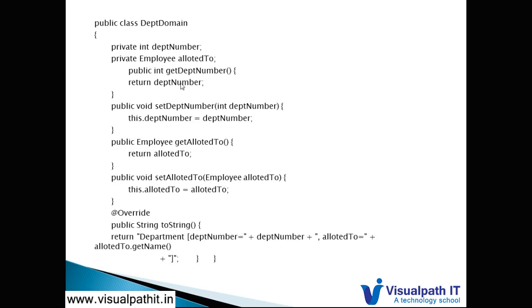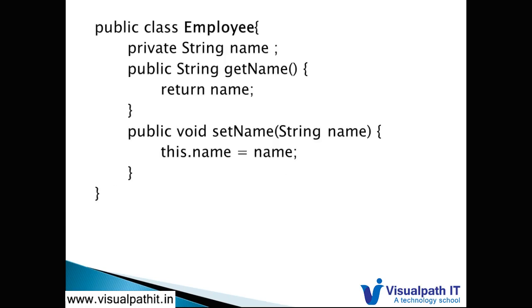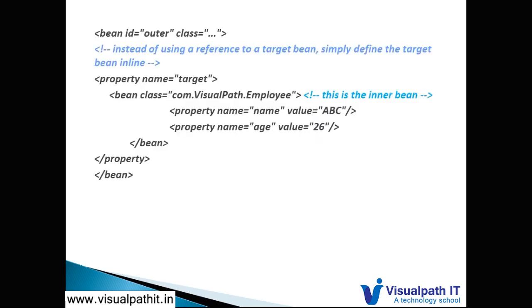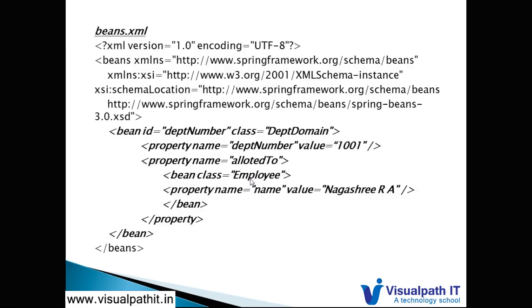Here we are getting the department number, setting the department number, and get allocated to and set allocated to, overriding that particular department number and the name. So that is what is being done here. Instead of using a reference to the target bean, simply define the target bean inline here.